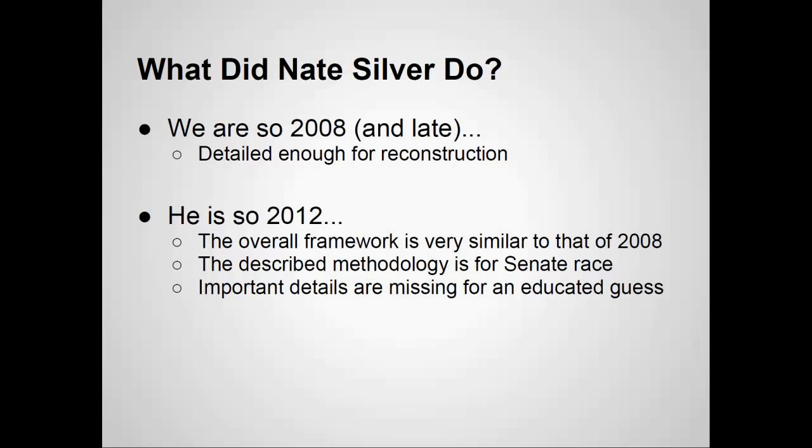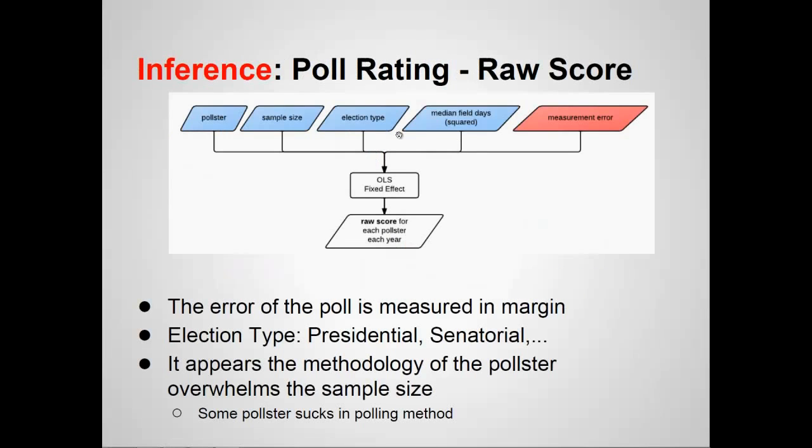This presentation is based on the public information on the blog 538, which unfortunately only details the methodology Nate Silver used in 2008. Remember, our job is to go from inference to propagation to prediction to simulation. So the first step will be inference.